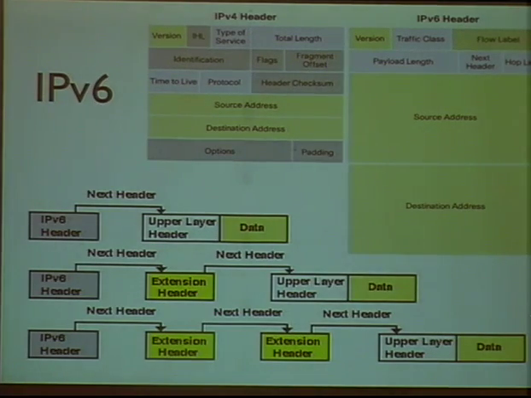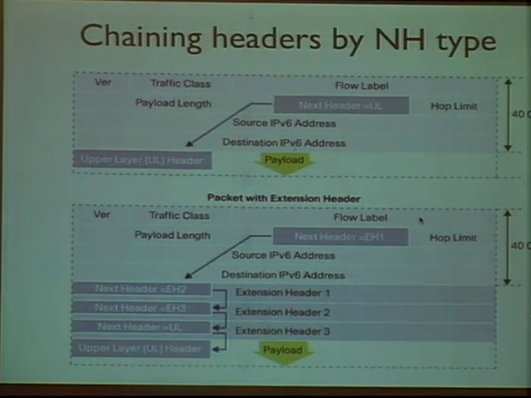The length field or the next header field identifies the next header, and the next header, and the next header. The funny thing is that you can mix and match those headers, especially when doing fragmentation, in interesting ways.